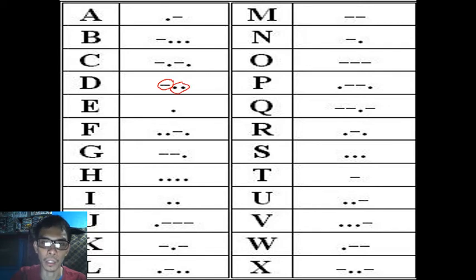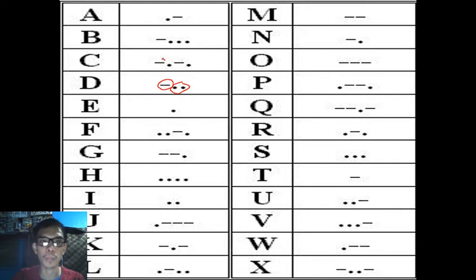In physics, we knew that the Morse code is a product of electromagnetism. A long press of your telegraph means dash, and a short press means dots.